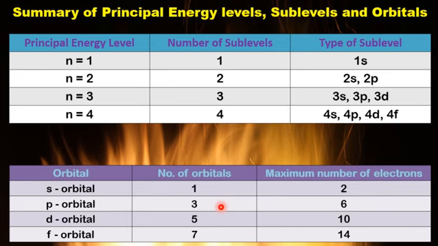It means that the maximum number of electrons that can occupy the p is 6, because 3 times 2 is 6. In the d, there are 5 orbitals, which means that the maximum number of electrons is 10. And in the f, the maximum number of electrons is 14, because there are 7 orbitals in the f. Okay?